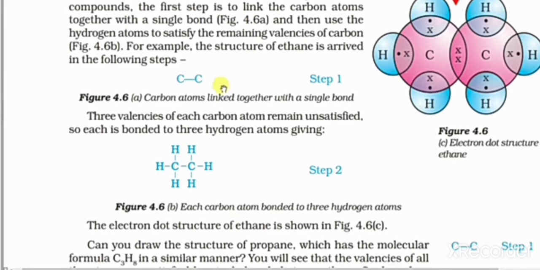The electron dot structure of ethane is here in figure 4.6. You see here, carbon joined by 2 valence electrons, and 3 valence electrons are combined with 3 hydrogen atoms of one carbon, and 3 valence electrons are joined by 3 hydrogen atoms of the other carbon.